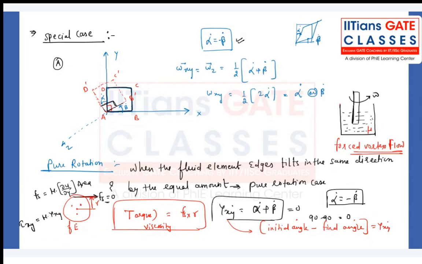Mu into gamma xy dot. When this is zero, this will also be zero, and tau xy is nothing but the shear force divided by the area over which it is acting, right? If this is zero, this will also be zero, right? So we have to write that shear force cannot produce any torque in the forced vortex flow, right?